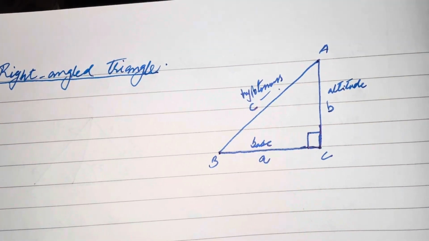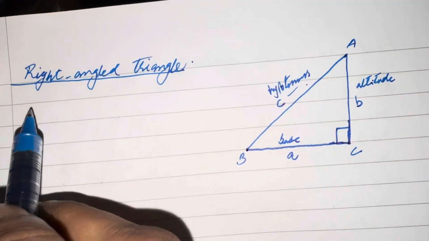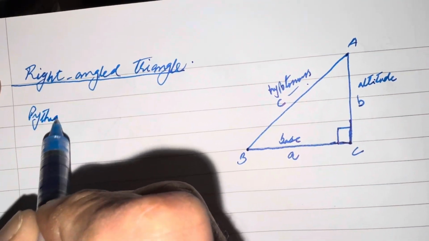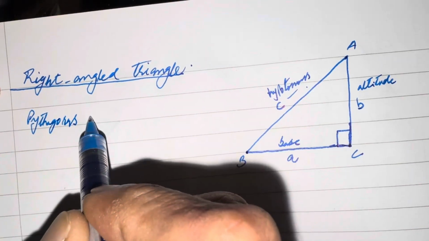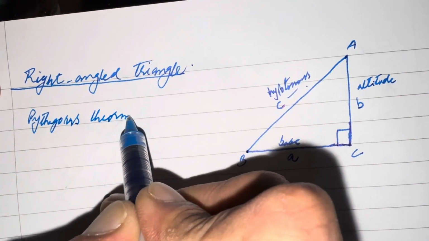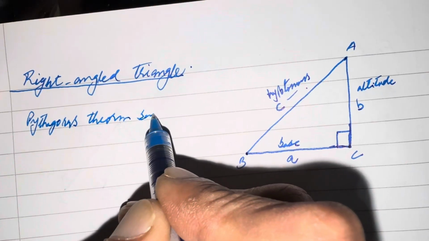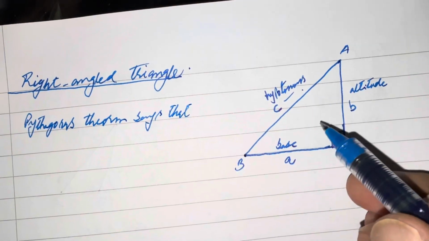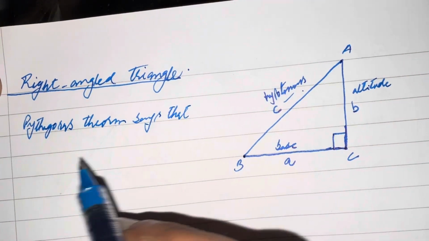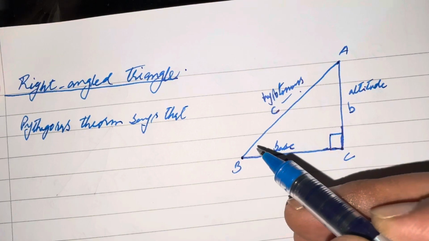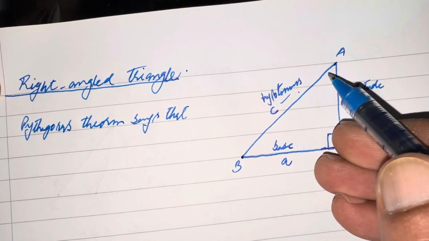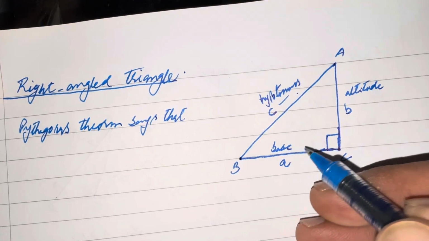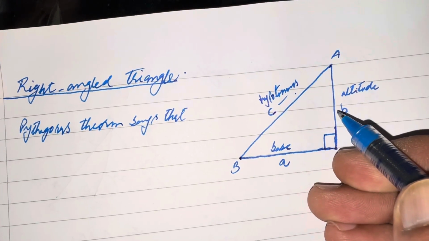So the Pythagoras theorem says that the square of the hypotenuse is always equal to the sum of squares of the base and altitude.